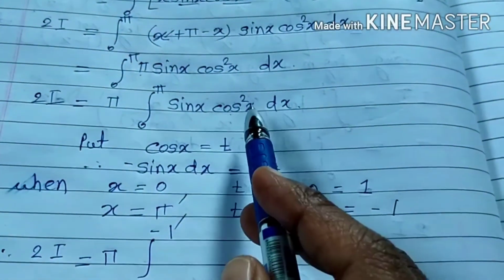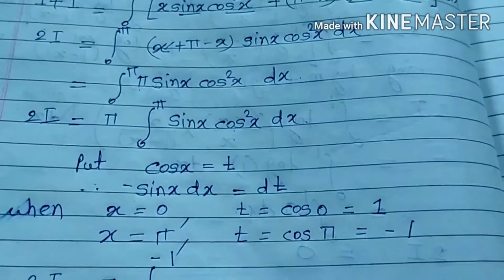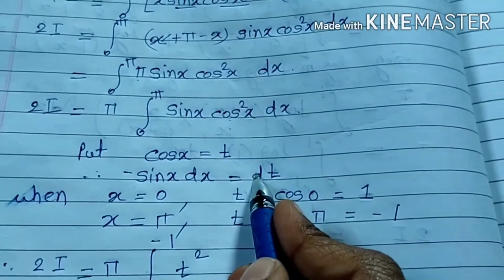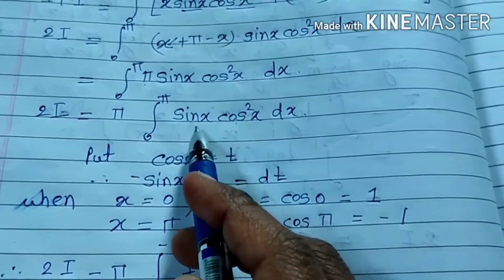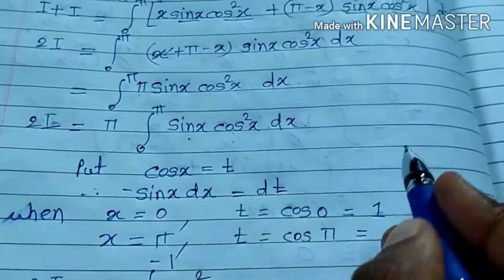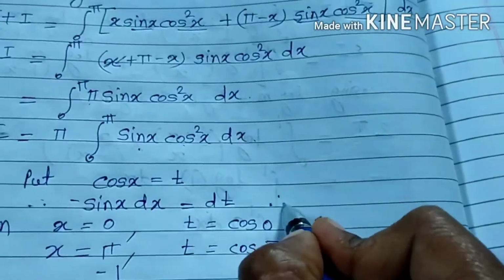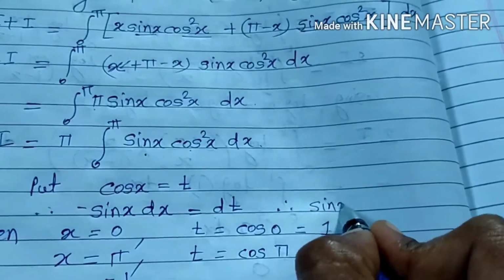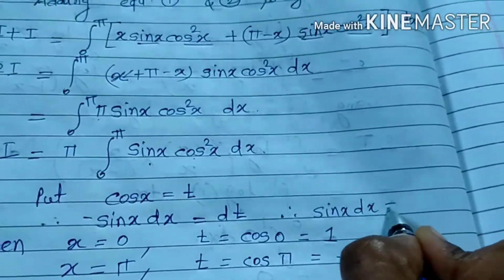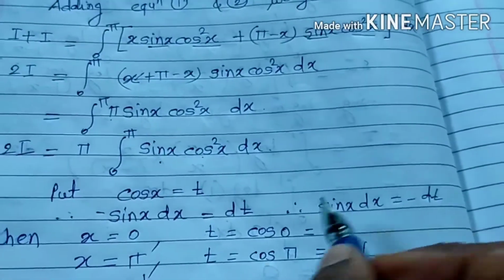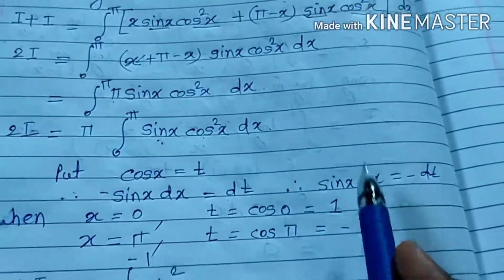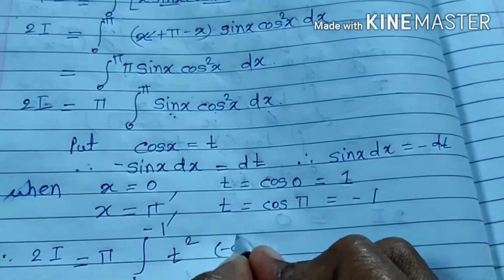The cos square x means t square, and sin x dx is dt, so sin x dx is equal to minus dt. You can observe sin x dx is equal to minus dt.